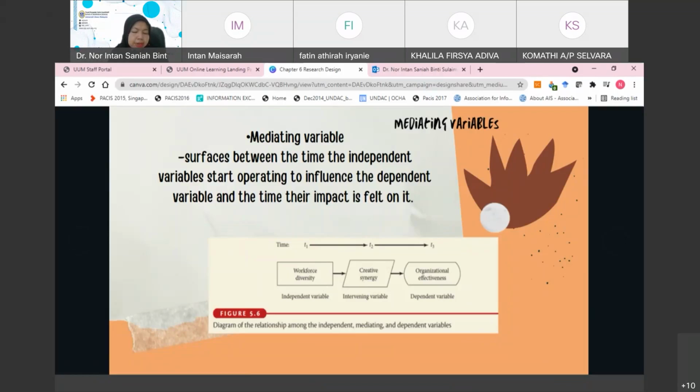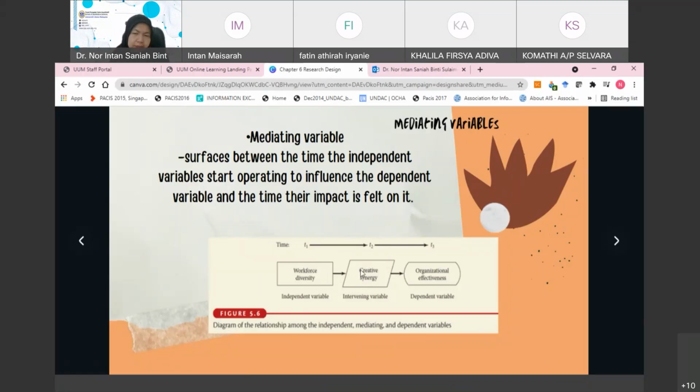This helps the researcher understand how organizational effectiveness can result from having diversity in the workforce.